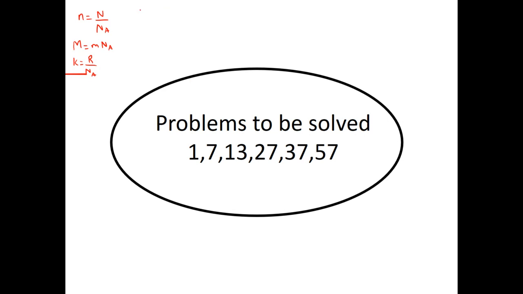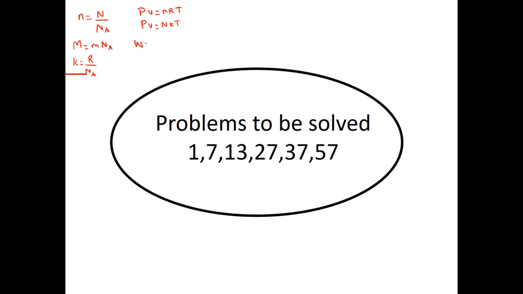And what is the ideal gas equation? PV equals nRT, or PV equals nKT. Am I right? What is the formula for work done by the gas under isothermal condition?